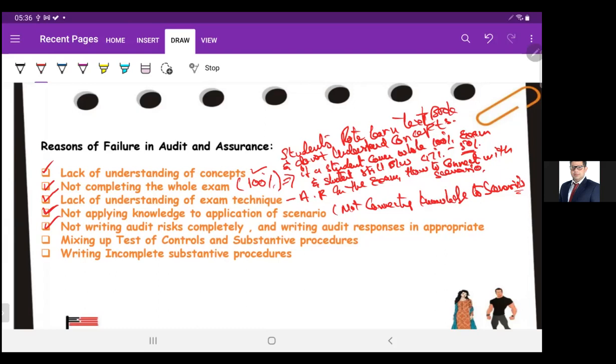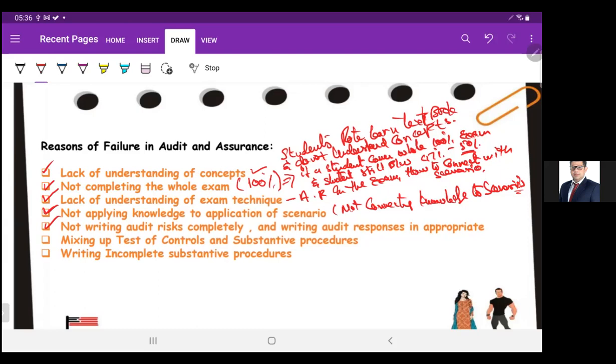That's it. You are not explaining why it is audit risk. So obviously, if you only identify the audit risk and you want to connect it well to the scenario, then for sure you won't get the marks. You won't get the marks, or hardly you will get half a mark, which will not help you to pass the exam.